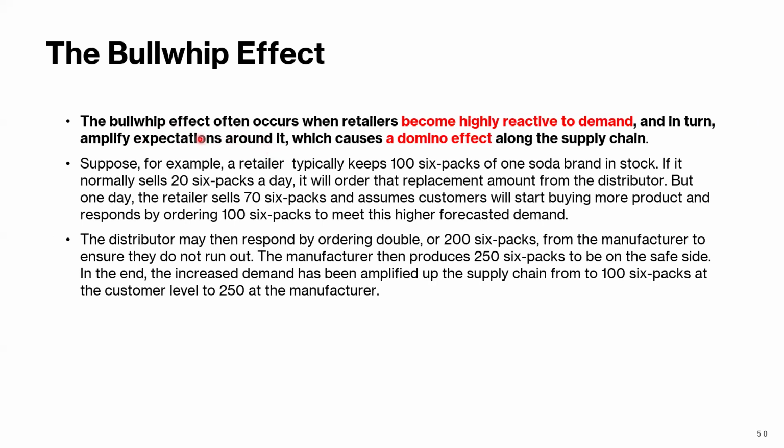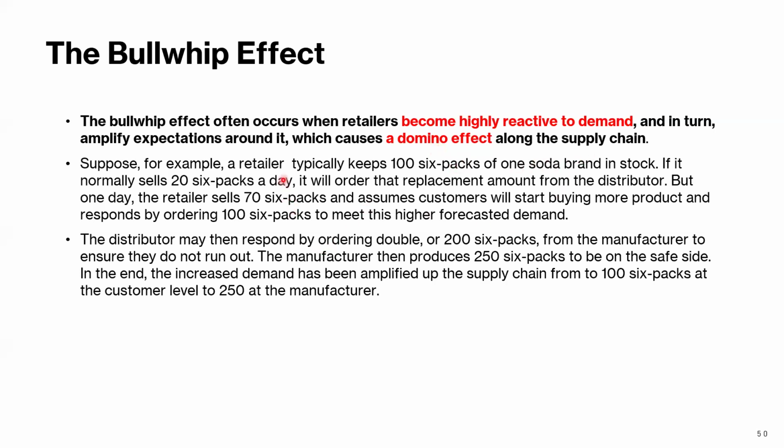It is one type of effect that occurs when retailers, the local market, become highly reactive to the customer's demand or purchase pattern, and in turn, it will amplify expectations from other stakeholders, such as manufacturers, suppliers, distributors, and so on, and that will cause a domino effect along the supply chain, right?